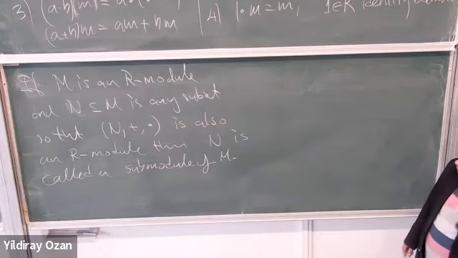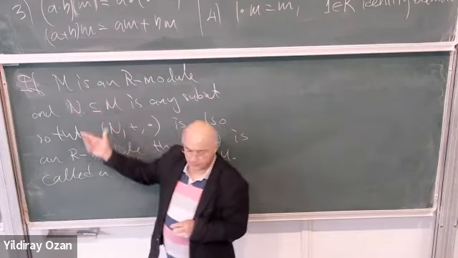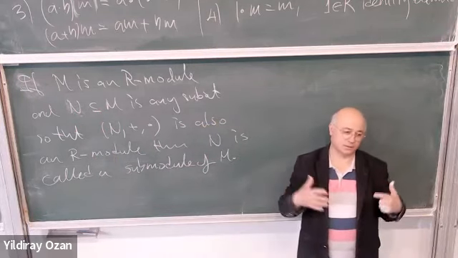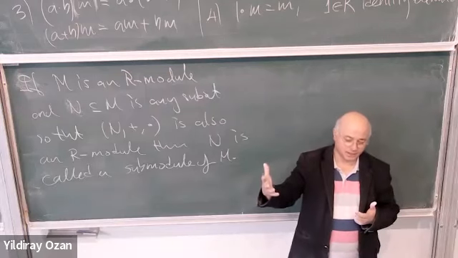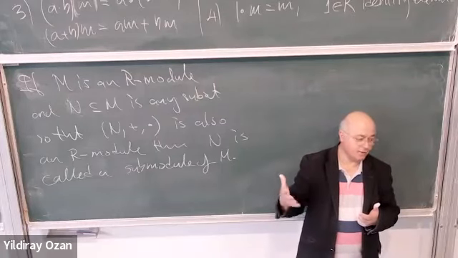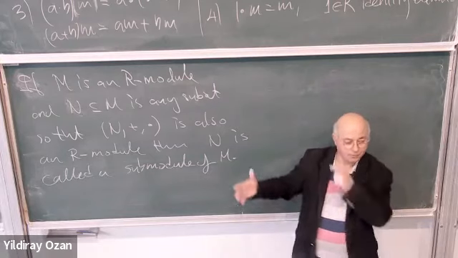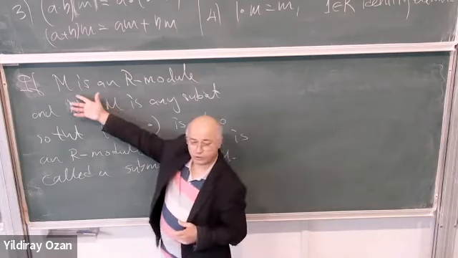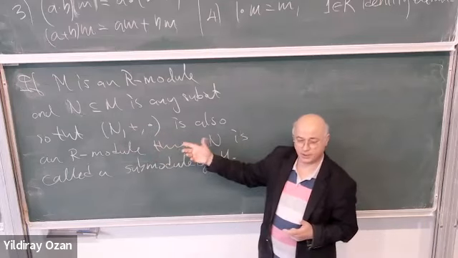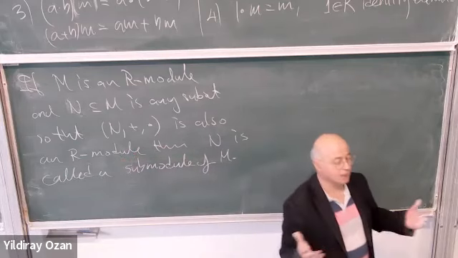Yani bir subset aldığınızda aynı vektör uzayındaki gibi. If you have a vector space, what's a subspace? Subspace is a subset of the vector space, but that subset is itself a vector space with the same operations, addition and scalar multiplication. So the same thing here. If that subset with the same operations forms an R module, then we call it a submodule.